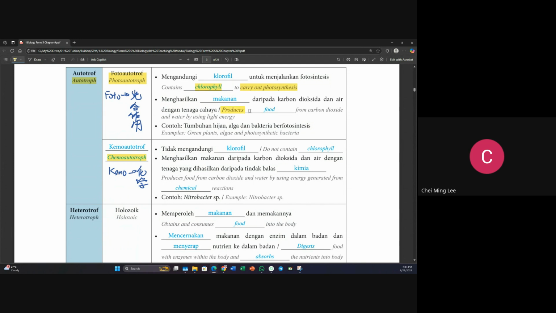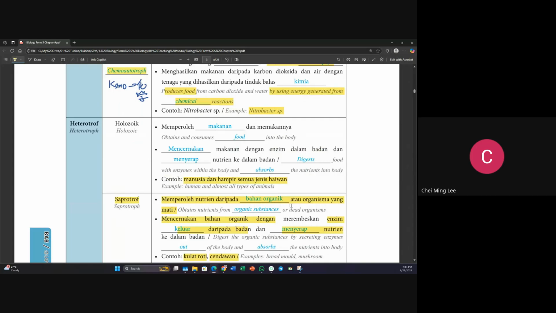They produce their own food from carbon dioxide and water using light energy, like green plants, algae, and photosynthetic bacteria. Chemoautotrophs do not contain chlorophyll, but they produce food from carbon dioxide using energy generated from chemical reactions, like Nitrobacter species.